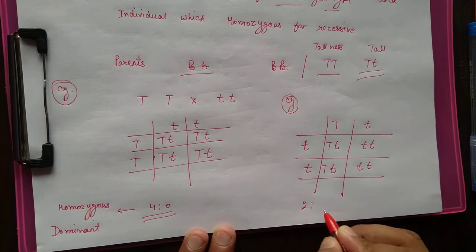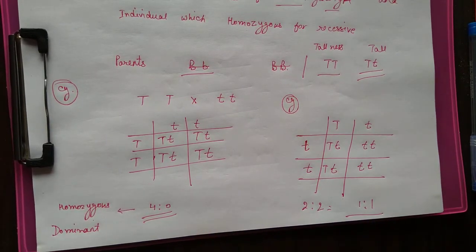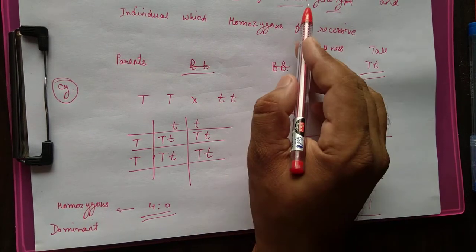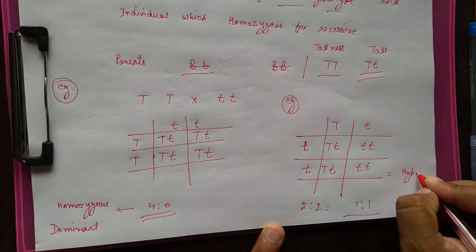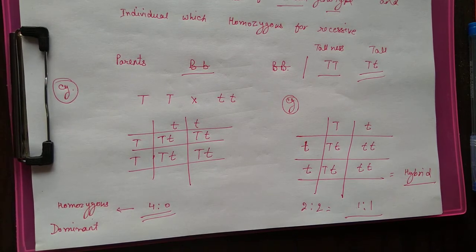So the ratio is 2:2, that is 1:1. If the ratio is 1:1, it means the unknown genotype is hybrid. So this is about the test cross.